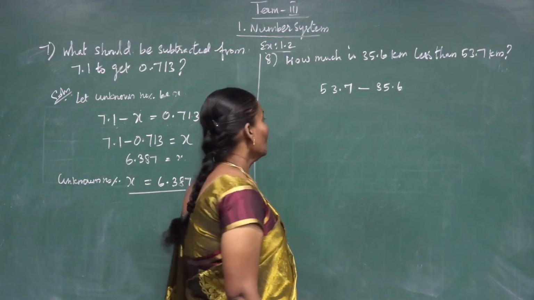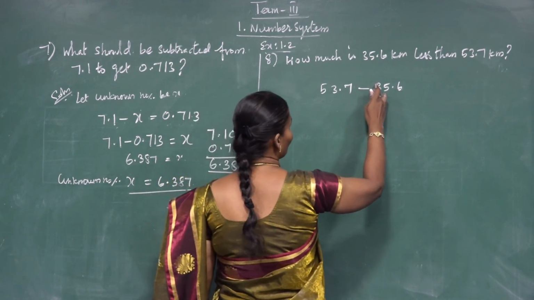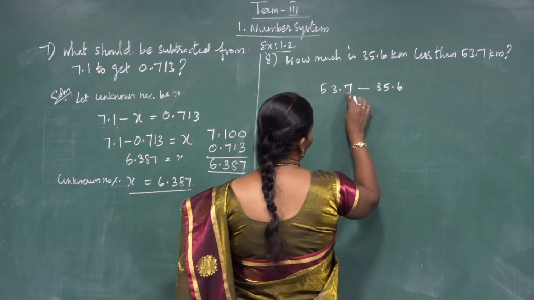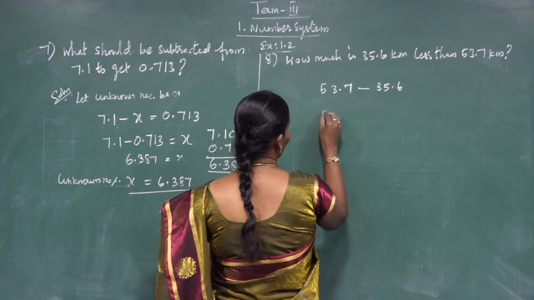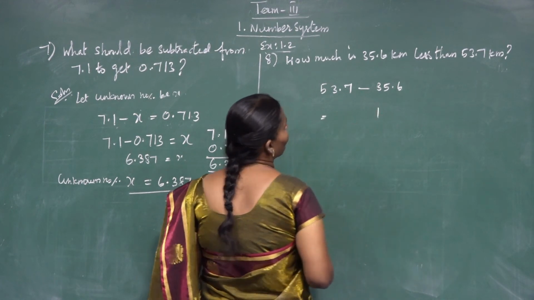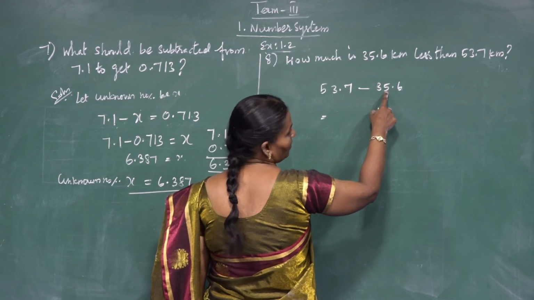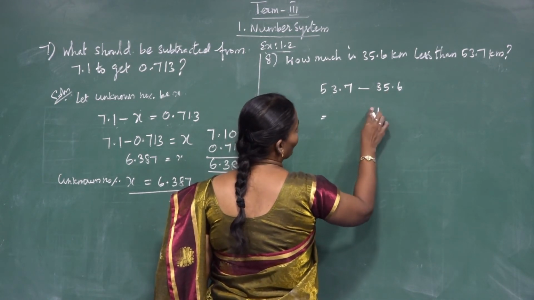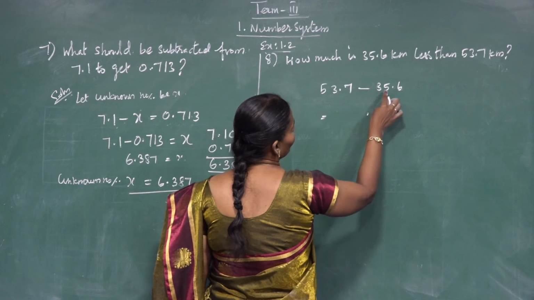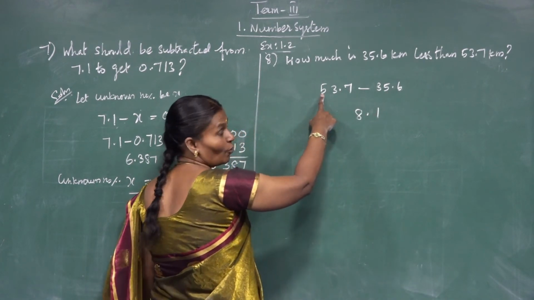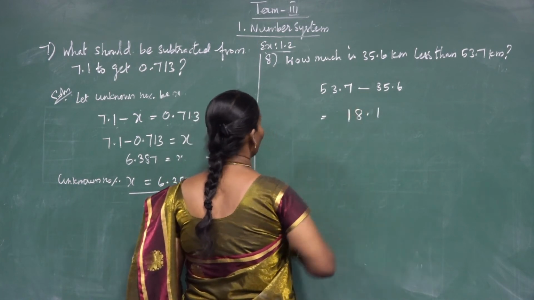So the difference is how much less this one is than that. First we find out the difference of these two numbers. So see here, 7 minus 6 is how much? 1. Then here 13 minus 5 is 8. So you put your decimal point. Then here 8, here only 4. 4 minus 3 is 1.